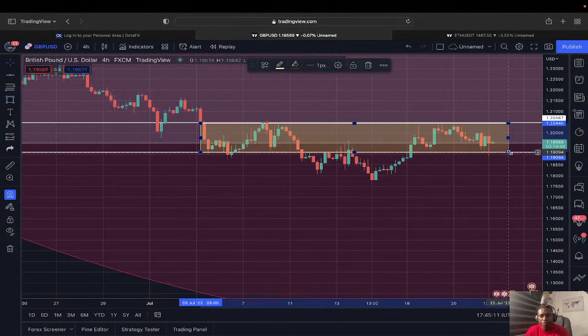Price is just in between these levels, in between here and here. So now we need to look out for a movement outside this box.